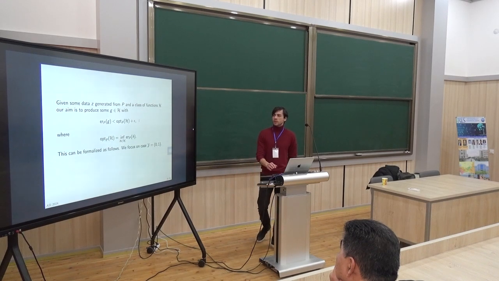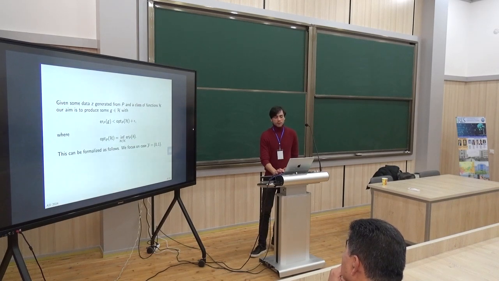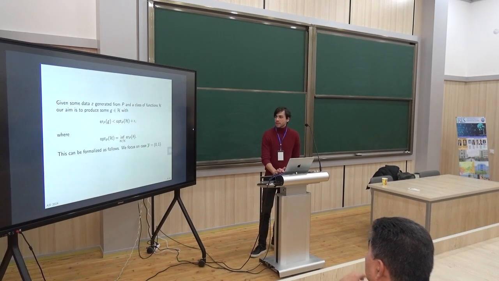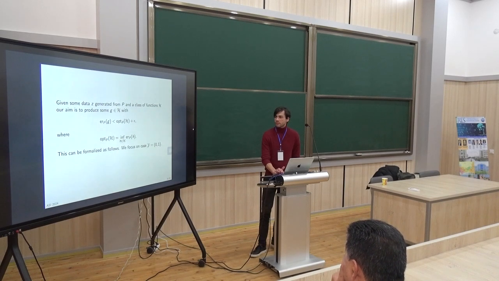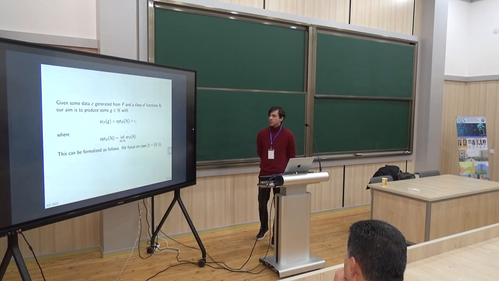And this optimum is defined to be just the best that we can possibly do. So we consider the infimum, the smallest possible value, over all elements in this class H of the error for that particular distribution P. The best that we can possibly do for this function class H, we're going to call it opt sub P of H.